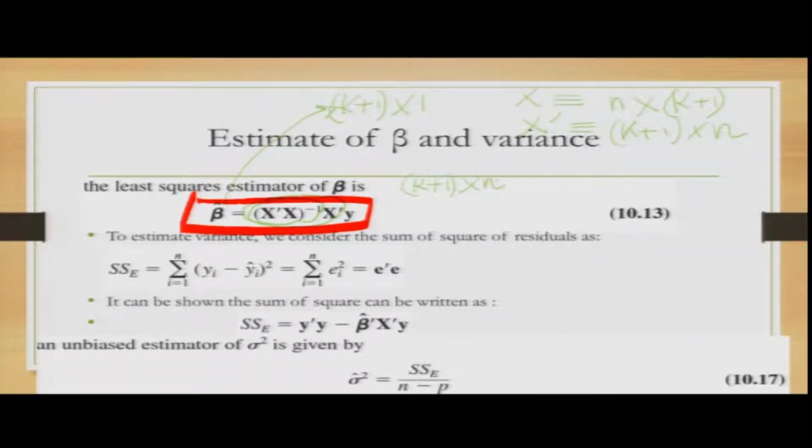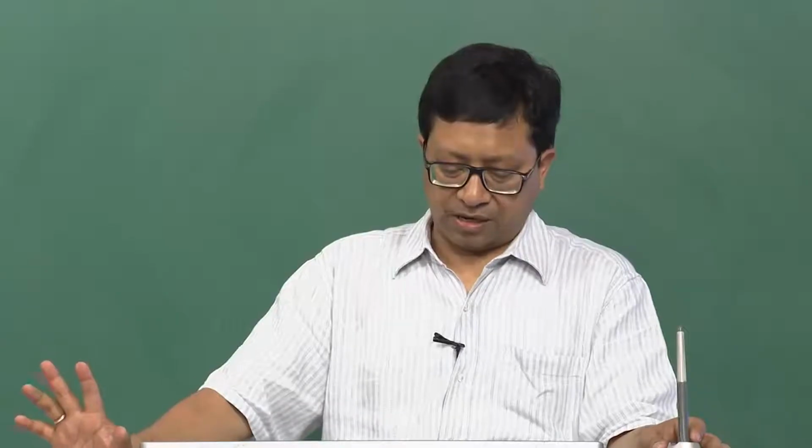Y we know is of size n cross 1. So, in the end you will have the output as k plus 1 cross 1. Now, let us see whether it balances the left hand side. We have already said beta, which I am highlighting with my highlighter, is size k plus 1 cross 1 and it matches this one. So, obviously, the dimensions are maintained and the way we have multiplied the concept of betas is right.